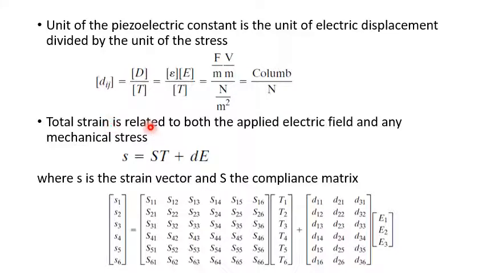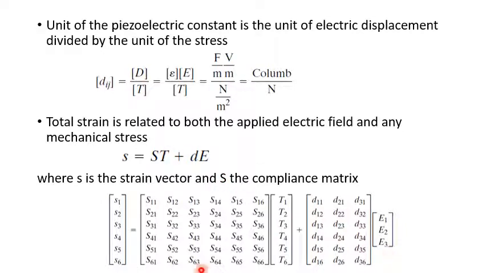Now the total strain can be related to the applied electric field by an inverse equation. S = sT + dE, where s represents the compliance matrix, T is the stress applied, d is the piezoelectric coefficients, and E is the electric field.